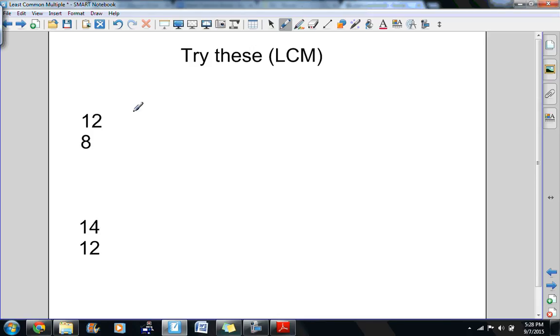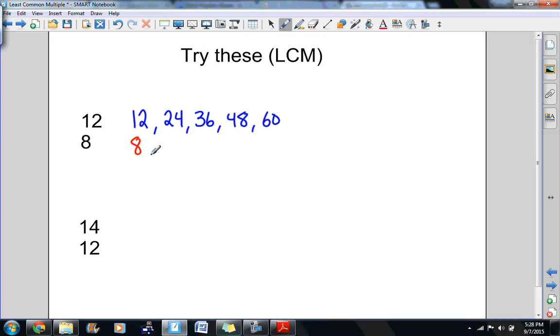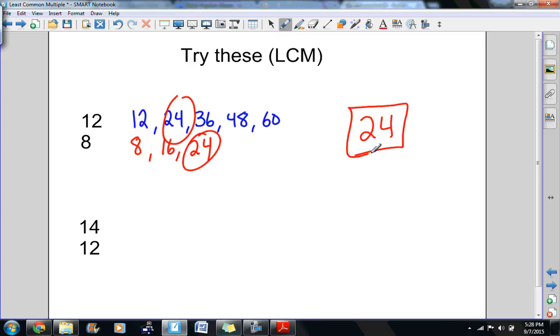So for the top one, I went 12, 24, 36, 48, and then 60. And now that I've done a few of these, once I find a common multiple, I'm going to stop right away. And boom, I found one on the third one. So the answer here is 24. For the bottom one, this one's a lot tougher.